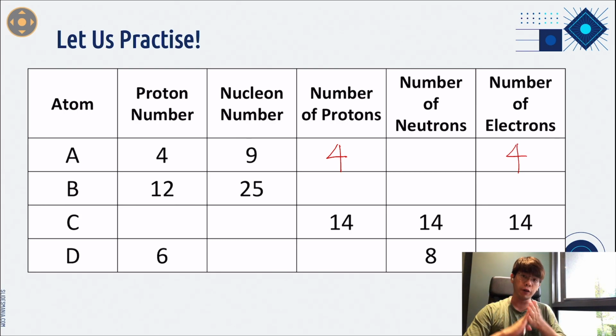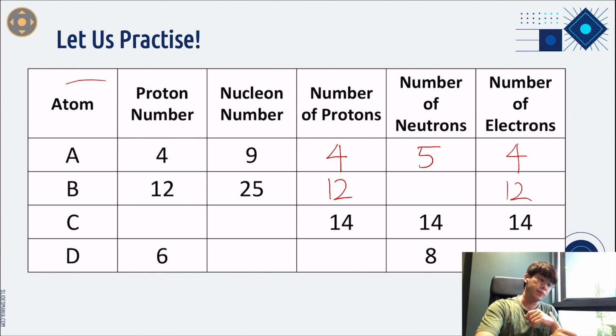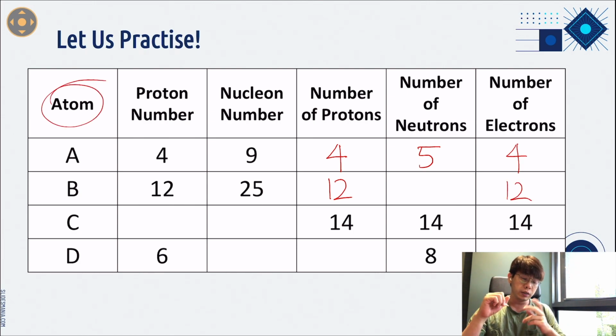Since there are already 4 protons, the number of neutrons must be 9 minus 4, which is 5. Let's look at B. B has a proton number of 12, so immediately 12 protons, and immediately 12 electrons because it's an atom. The nucleons are 25, so 25 minus 12 is 13.